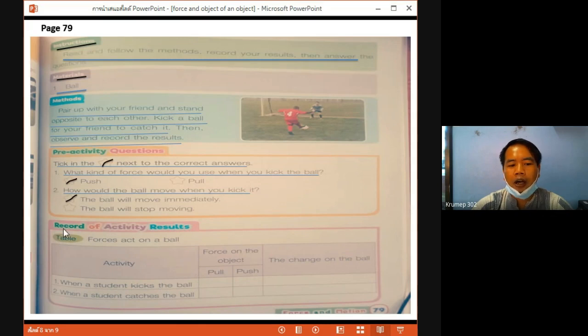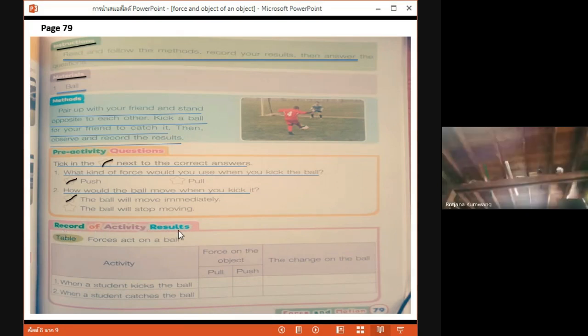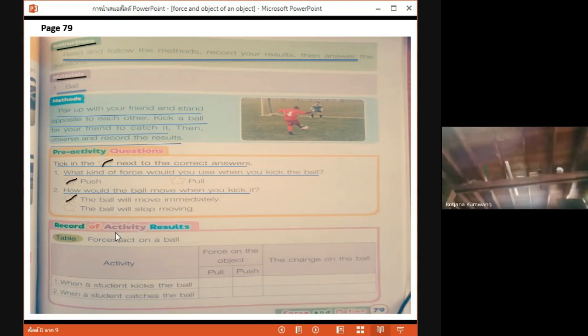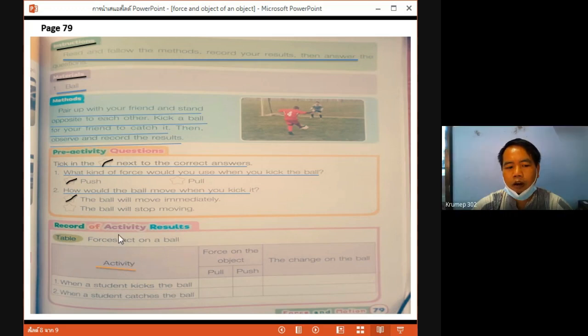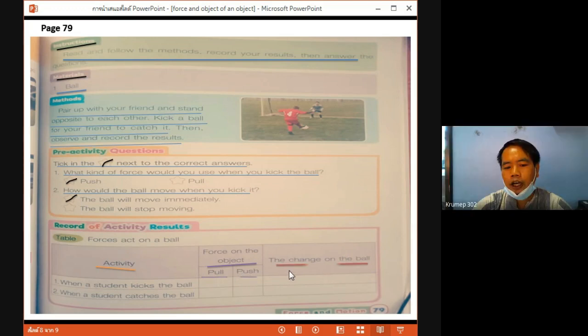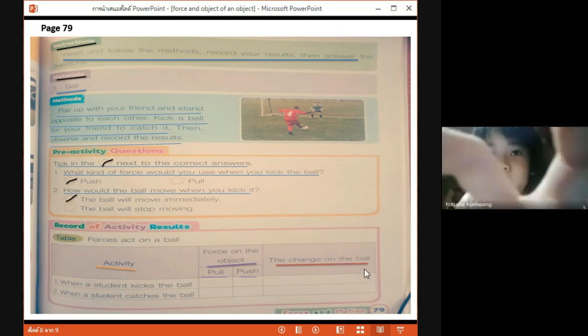And we have here the record of the activity. So we are going to do this record of activity. This is the table of force acting on a ball. The first column is the activity, the second column is the force on the object, pull or push, and the third column is the change on the ball.